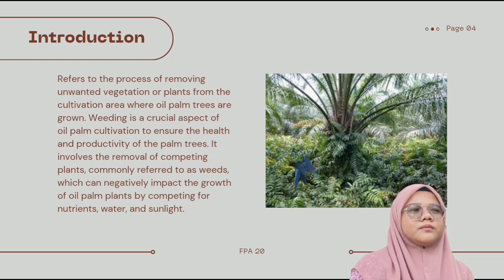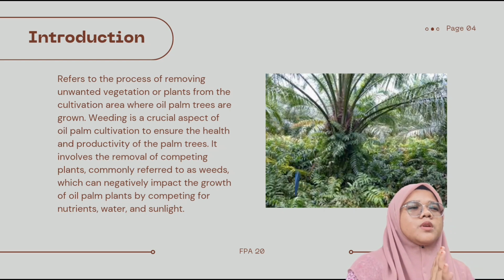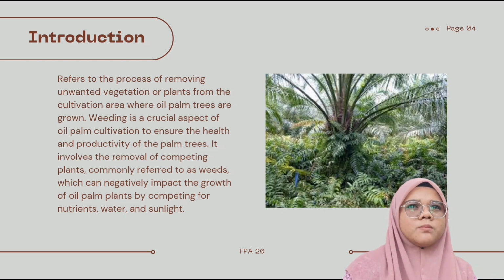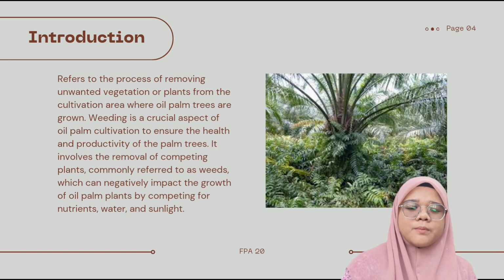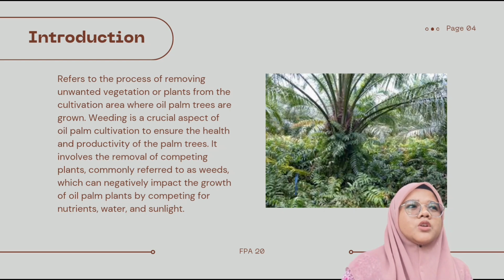So it will have a negative impact on our oil palm trees when the oil palm tree needs to compete for nutrients, sunlight, and water with other plants or other vegetation.